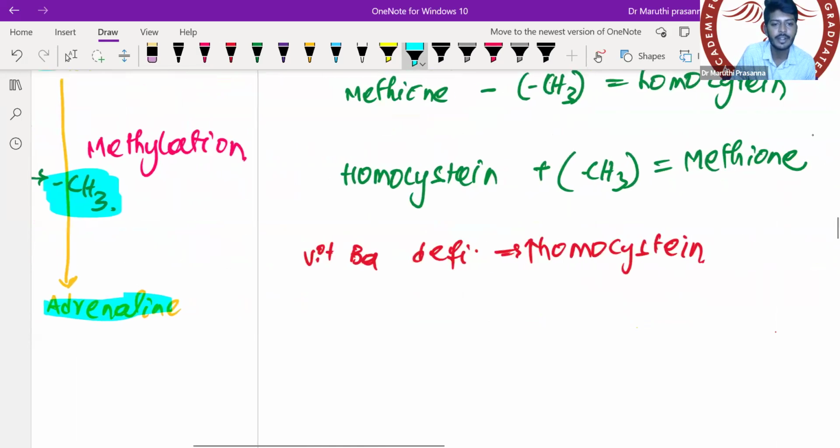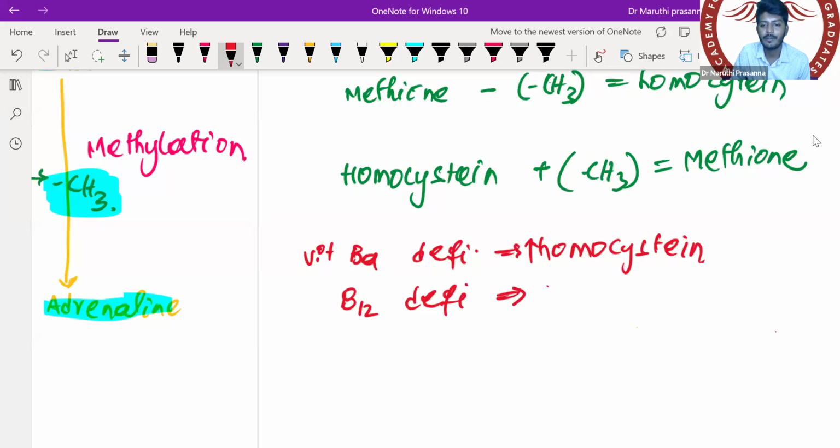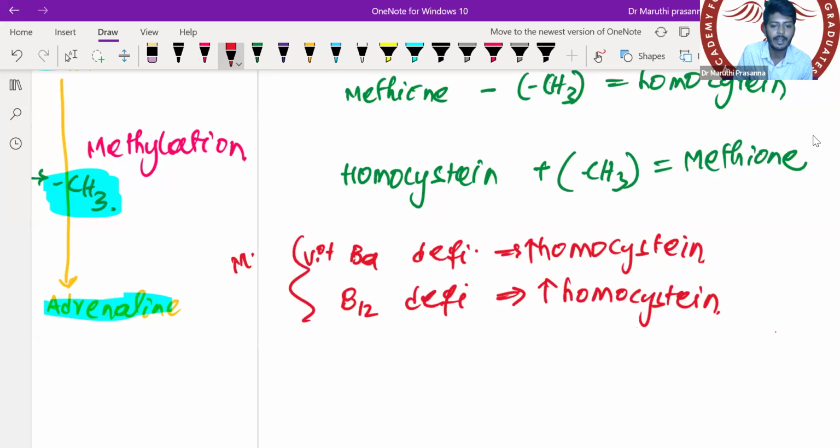So in B12 deficiency also, we will have an increased level of homocysteine. Both of them cause megaloblastic anemia. Both cause increase of homocysteine. Common symptom of both deficiencies is megaloblastic anemia.